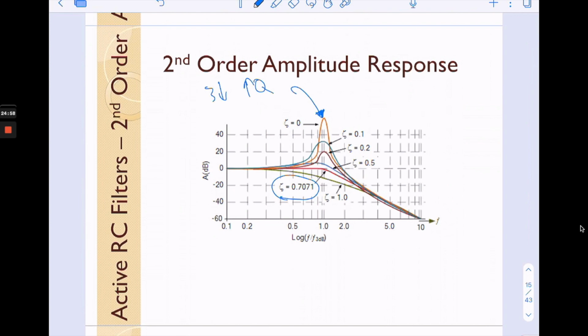It will not have oscillation, and it will not have any peak on this cutoff frequency region. And the design of this value of Q or zeta depends on what you want to design.